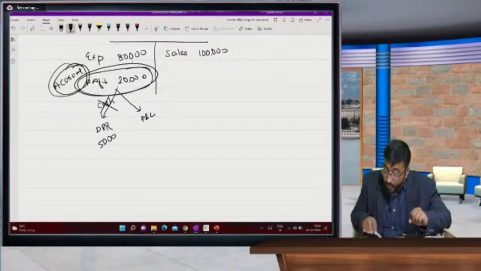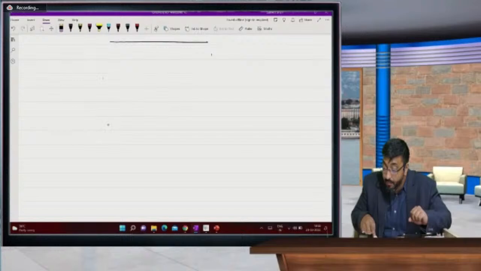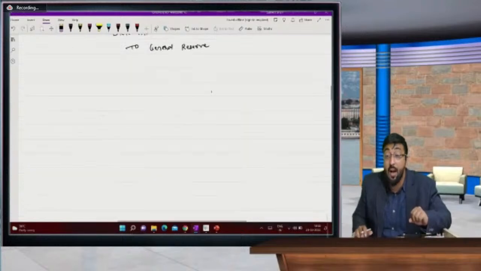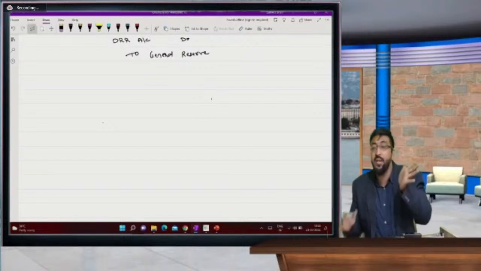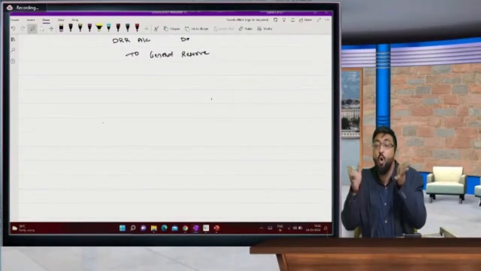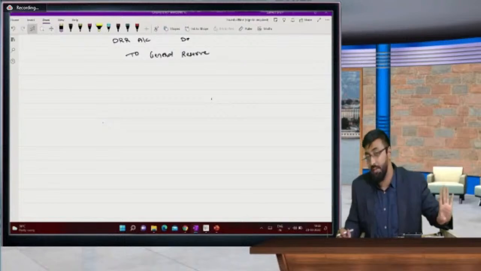So you have to invest somewhere. So beta, there is a need to invest somewhere this amount which you kept aside. Okay, so there is no relationship between DRR and DRR investment.